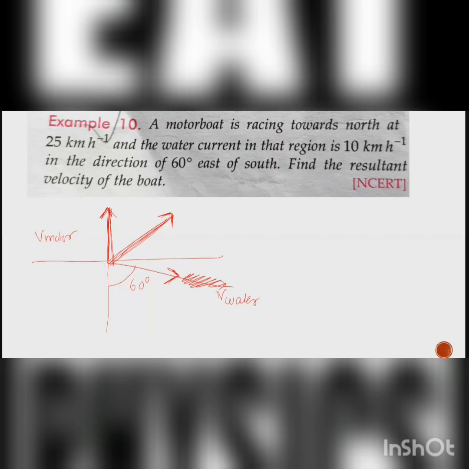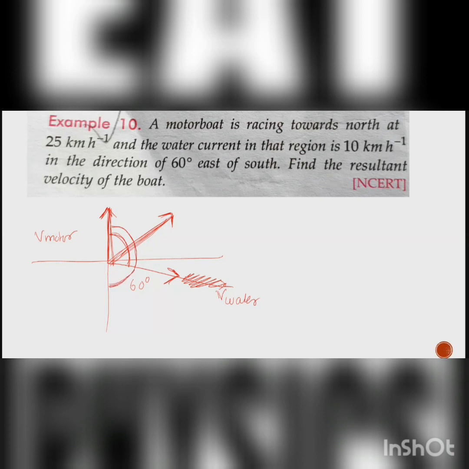So just tell me now, what would be the angle between the vectors? Would it be 60 degrees? Ma'am, 180 minus 60, right? 120. इसमें basically 120, because we need the angle between the vectors.